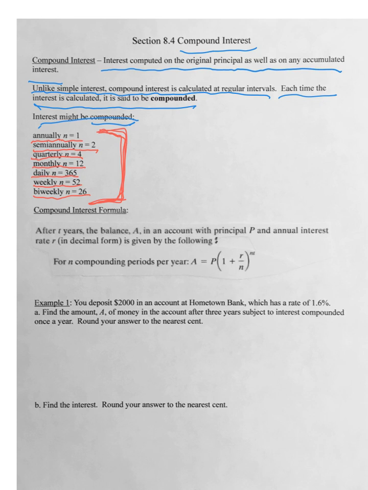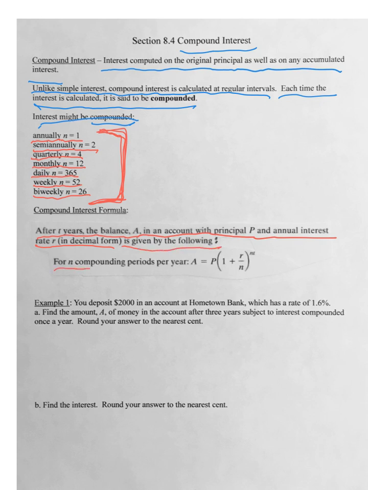The compound interest formula that we are going to use a bunch in this section says after t years, the balance, in other words, the full amount A, which is in your account with principal P and the annual interest rate R, which needs to be converted to a decimal before it goes into the formula, same as in the last video about simple interest, is given by the following.